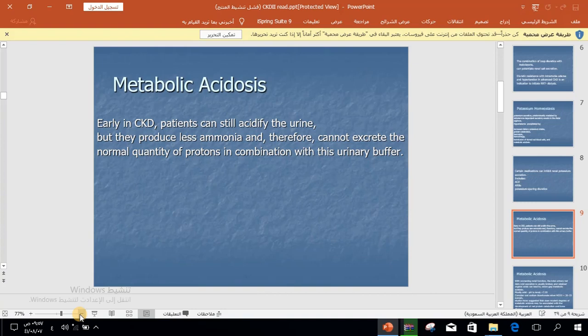In the proximal tubules, the kidney reabsorbs most of the filtered bicarbonate, and in the distal tubules, the kidney excretes hydrogen ions. This keeps the normal pH of the blood. And once the kidney fails, this leads to inability of the kidney to acidify the urine. That means accumulation of hydrogen, and that leads to metabolic acidosis.